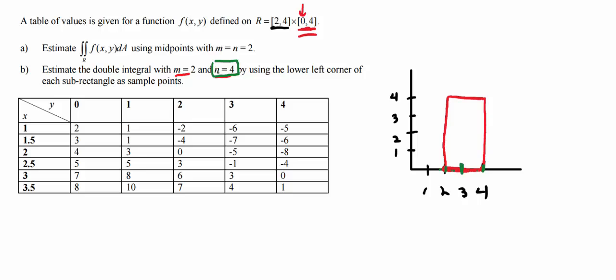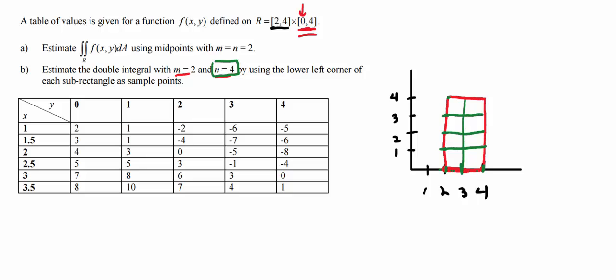N refers to the number of subintervals on the interval from 0 to 4. So we'll break the vertical side of the rectangle up like so, and then we'll put in some grid lines corresponding to the endpoints of these subintervals. And we get 8 subrectangles. We break up the region R into 8 subrectangles that way.